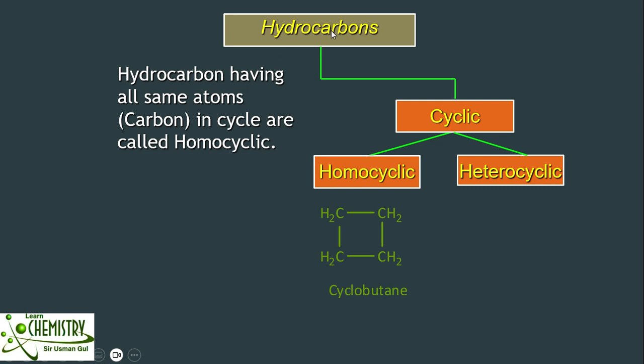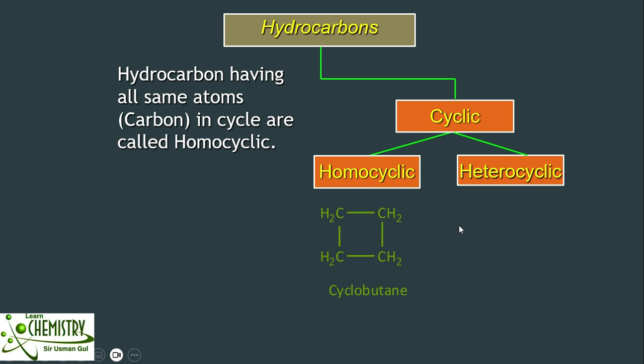When we talk about hydrocarbons, the atom should be carbon. In this example, you can see this one is carbon, carbon, carbon and carbon. So all these atoms are carbon, so they will be classified as homocyclic hydrocarbons.